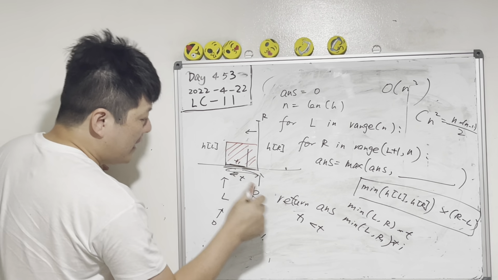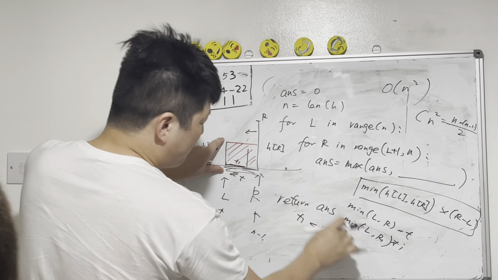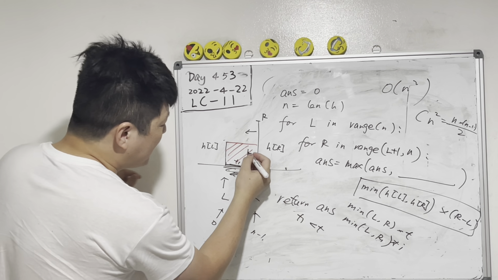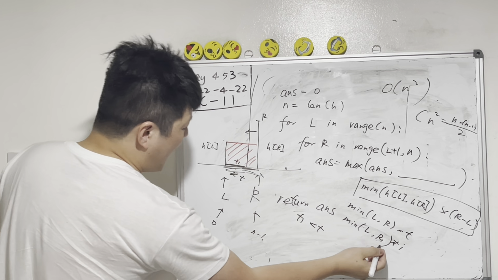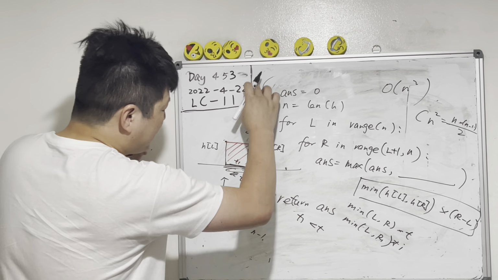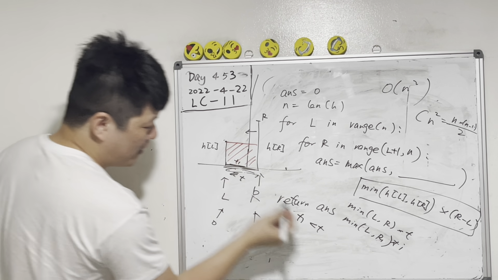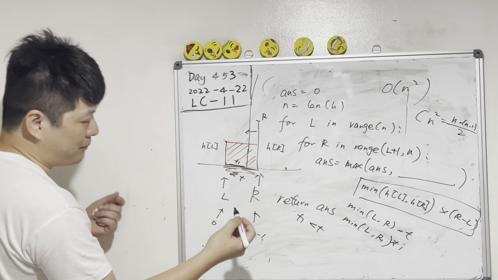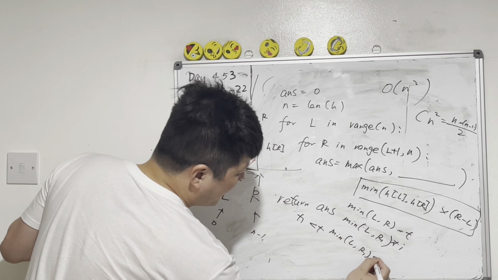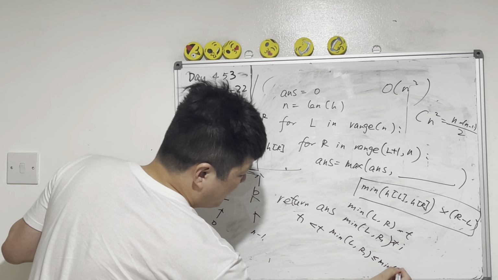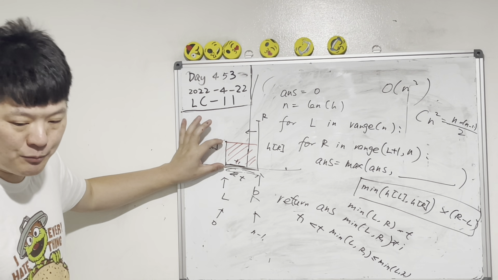But look at this one: min(L, R) and min(L, R1). If R1 is very tall, min(L, R1) would be L, right? If it's very short, min(L, R1) is R1, which is smaller than L. So what does it mean? It means that min(L, R1) is always smaller or equal to min(L, R). Am I right? Because it's always determined by the smaller vertical bar.